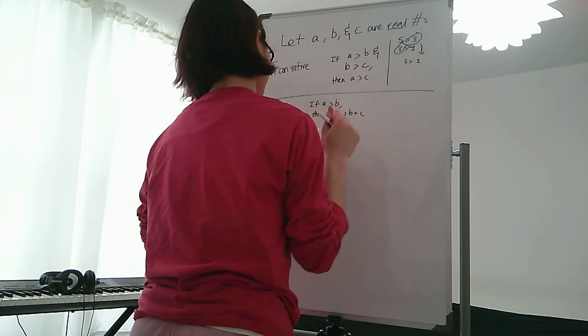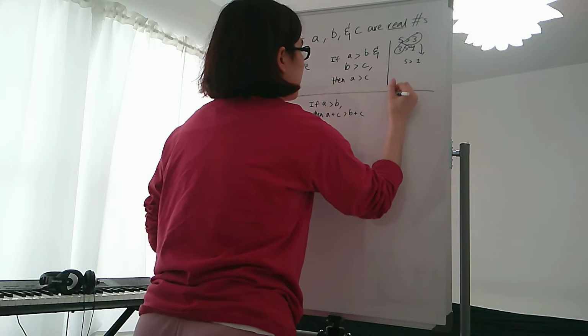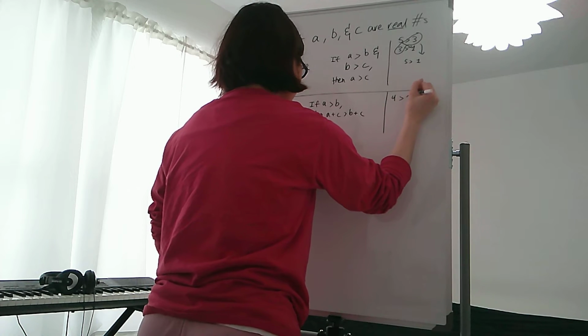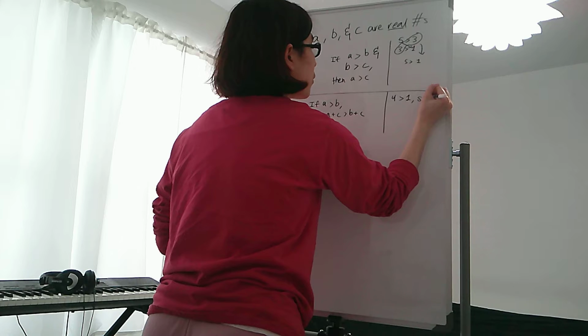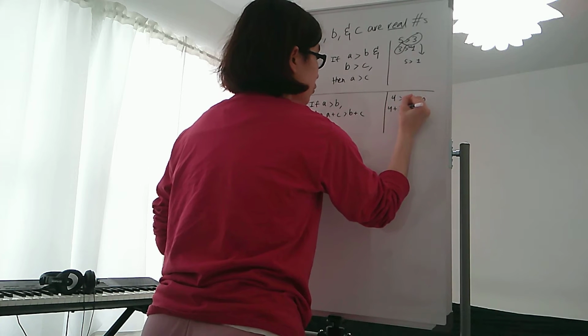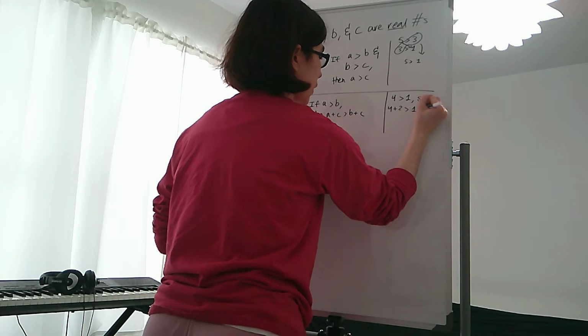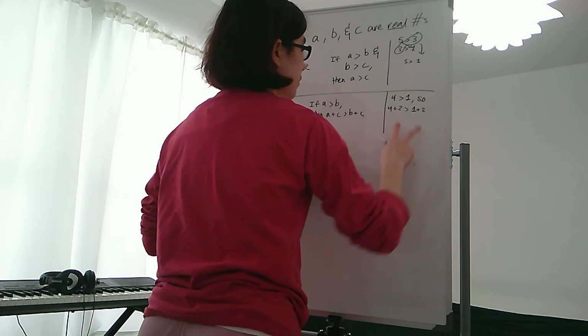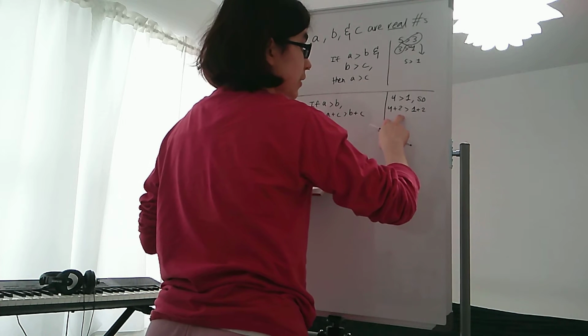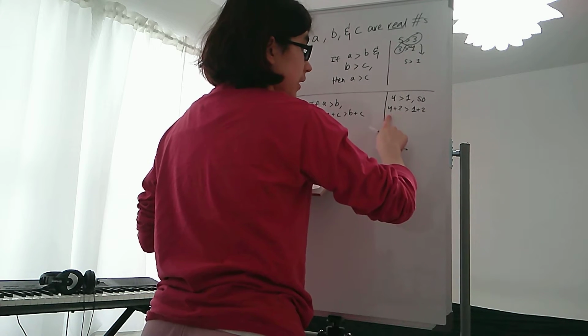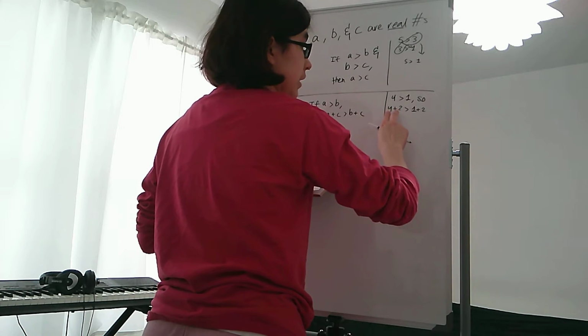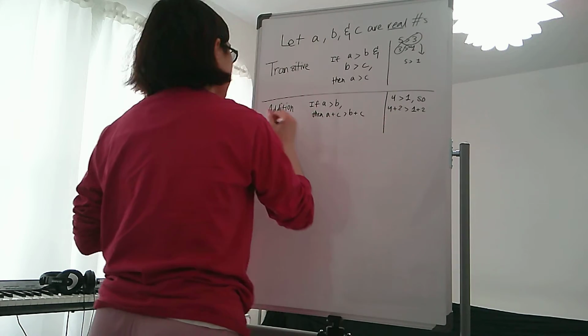So let's look at an example. 4 is greater than 1, so we know that 4 plus 2 must be greater than 1 plus 2. Because although you're adding the same amount to each number, this one is the bigger number. So ultimately this sum is going to be bigger as well.